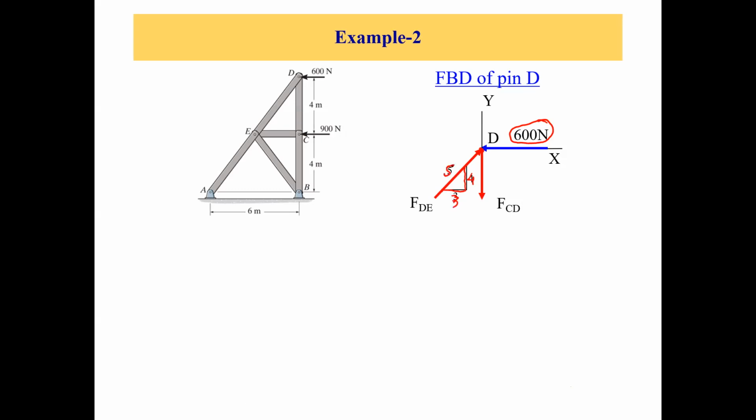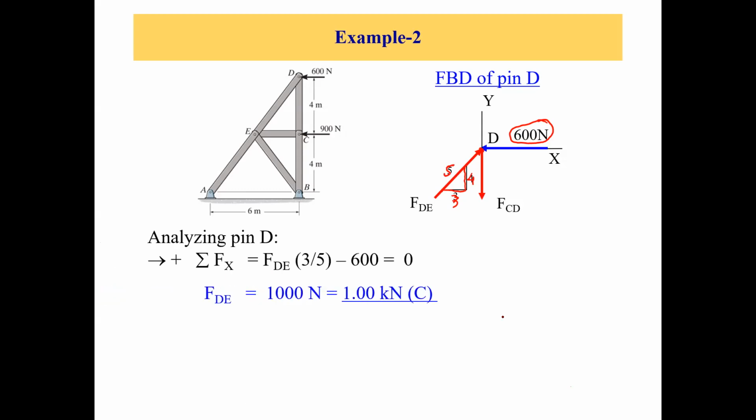Now you can just do sigma Fx and sigma Fy and find out the forces. If you do sigma Fx, FDE's x component is 3 by 5, so FDE times 3 by 5 minus 600, because 600 is the x component.